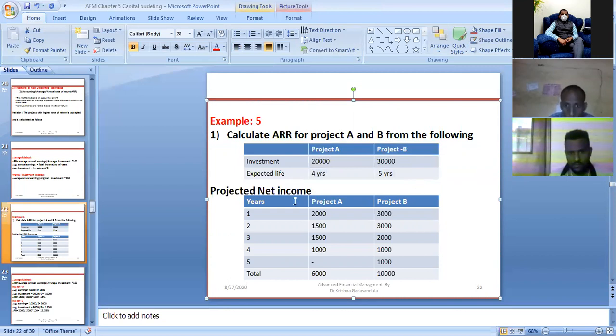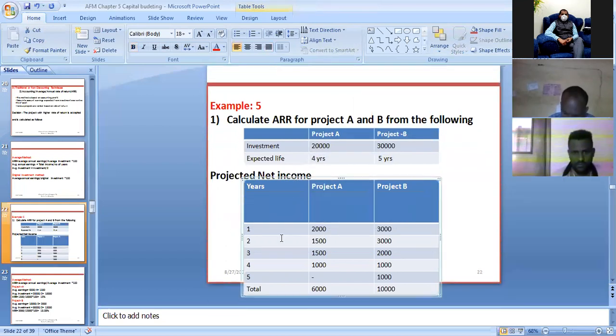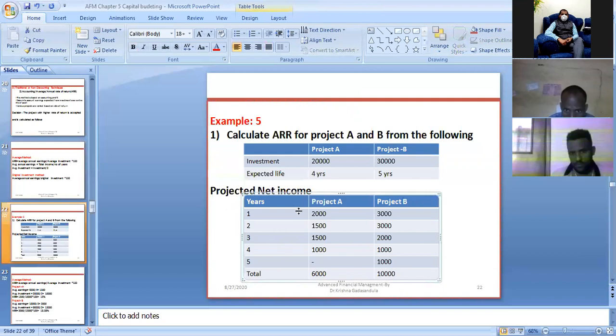Now, projected net incomes, meaning cash inflows. For project A, over 4 years, if they invest 20,000, every year they are getting this much net income. For project B, over 5 years, they are expecting returns every year.